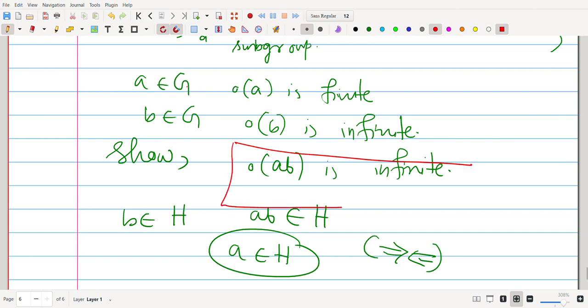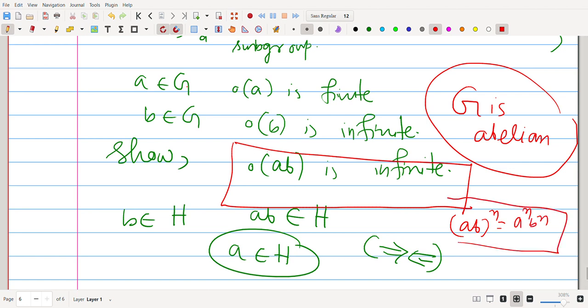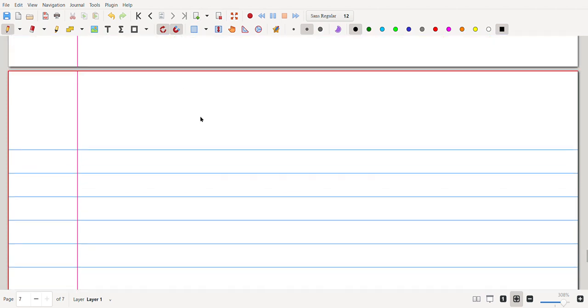That is a very easy exercise. If order of A is finite and G is abelian is given, mind it, G is abelian, that means (AB)^n is the same as A^n B^n. You can use that. That means order of A is finite and order of B is infinite, that will imply that order of AB is infinite.